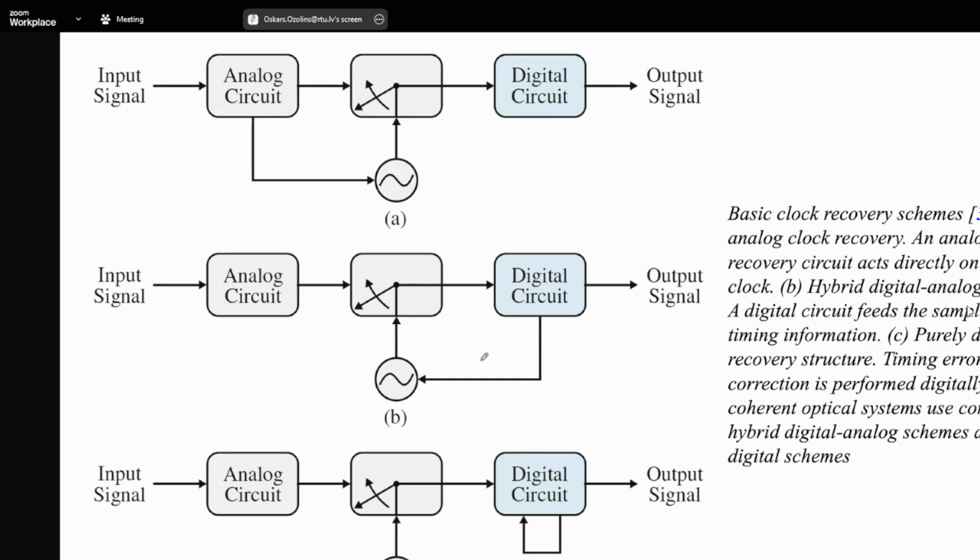Here, then, you can do different ways of doing this clock recovery. I just mentioned a couple of things in a book. You can do purely analog, you can do hybrid digital analog, or you can do purely digital clock recovery. And this depends really on different methods in the systems.